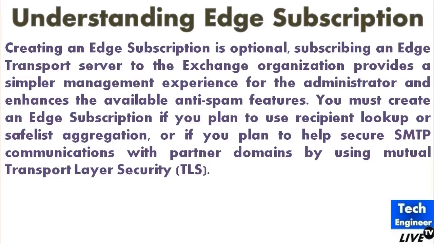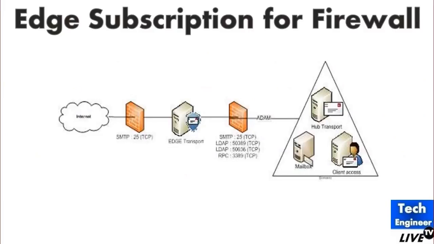Now, when you talk about the Edge subscription, you need to configure the firewall. In that case, you have to create rules, exclusions, in the firewall. When you talk about SMTP on TCP port 25, it has to be bidirectional, and the rest of the ports will be towards the Edge Transport Server.